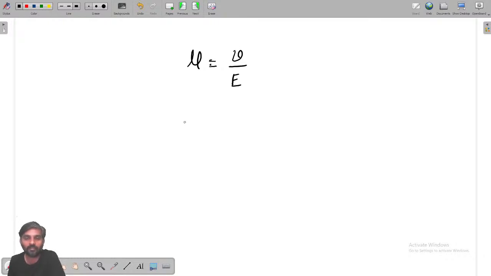V is the velocity. What is the formula for V? Distance traveled by time. So I can write mu is equal to L by E t.